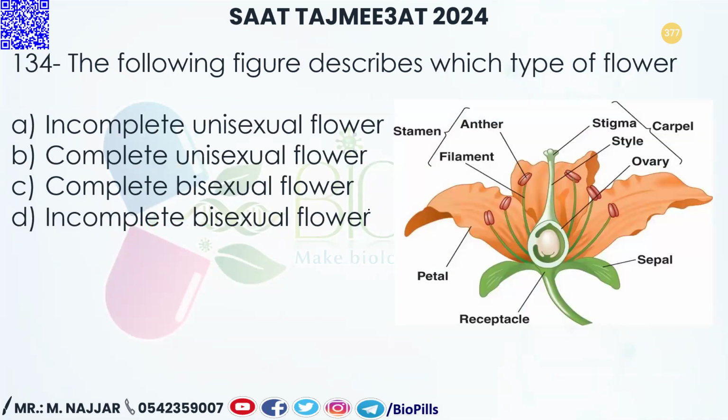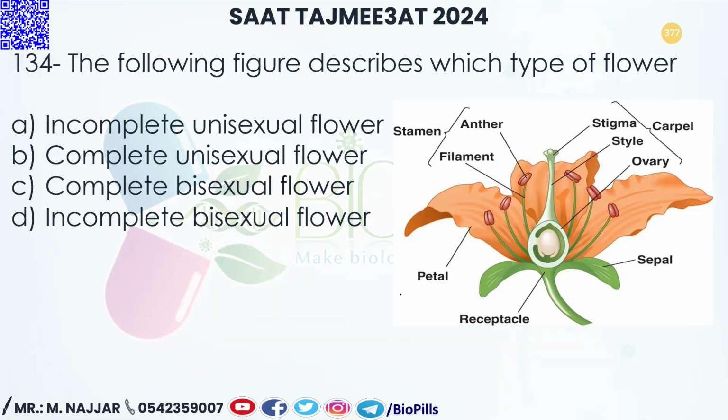The flowering figure describes which type of flower? It's easy. We have this, I think, before. What is the answer for this question? Yes, exactly. Complete unisexual. Are you sure of it? No, it is not unisexual. It is bisexual.